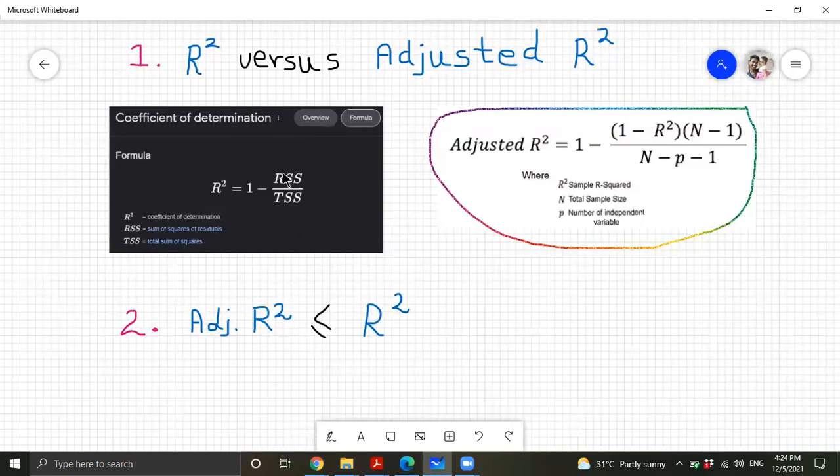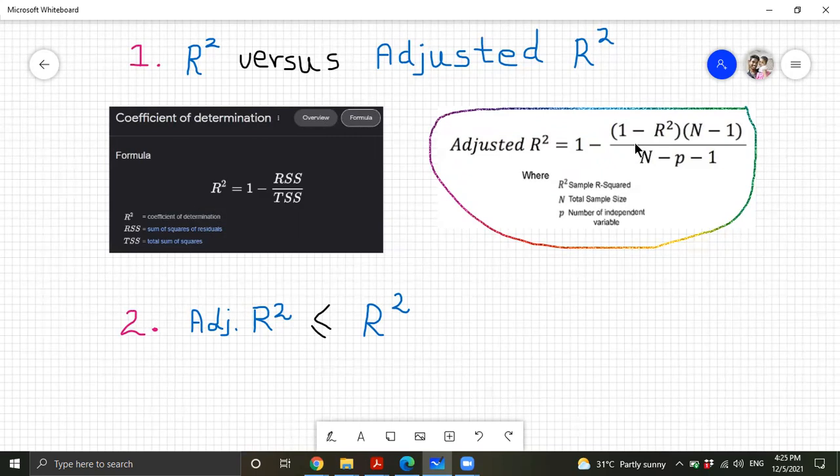And in this video, I'm going to just prove that this is always true for sure using this formula. I hope you all watched the previous videos. So let me quickly start to prove that adjusted R-squared is always less than or equal to R-squared, right?